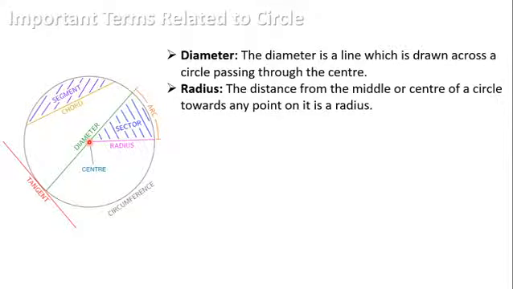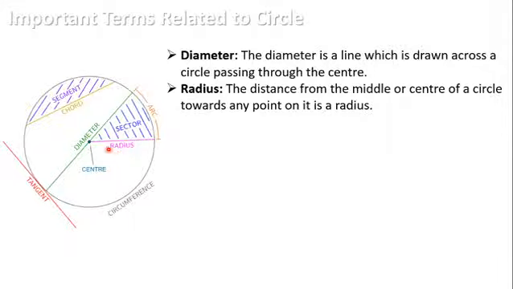You can see from the center, if you look at this green diameter, from the center right here to this part would be one radius, and then from the center right here to the other part will also be another radius. So it means that the diameter is 2 times the radius. Okay, 2 times the radius will give you the diameter.